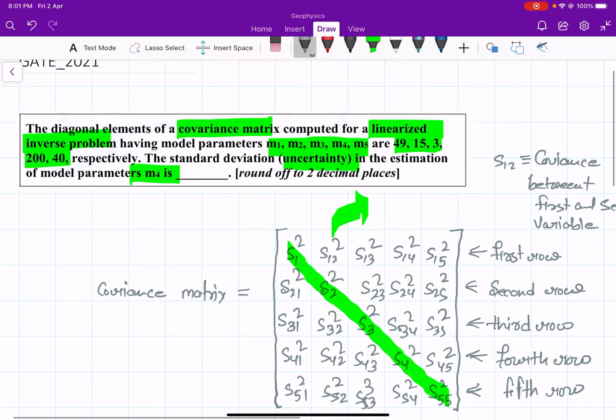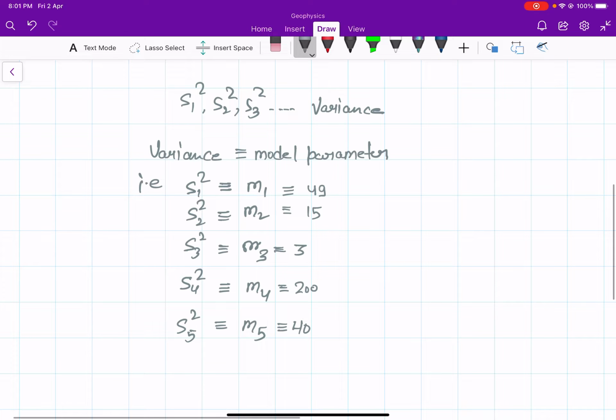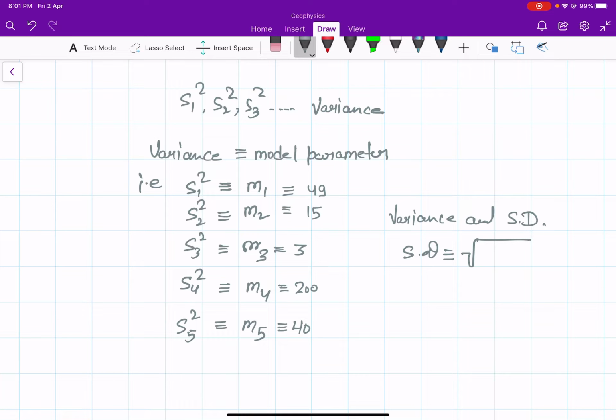Now, as you know, the relation between variance and standard deviation, that is SD, is that the standard deviation can be written as the square root of the variance.